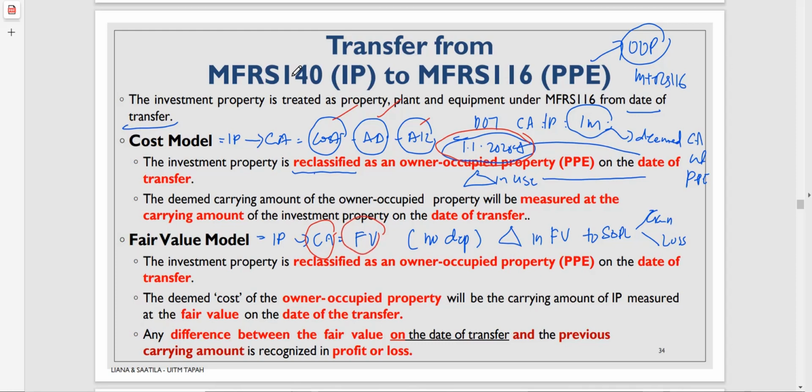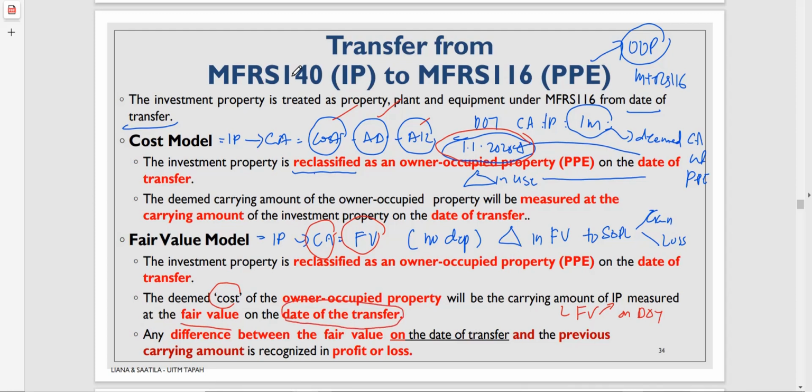What is important is that you need to know the fair value of the IP on the date of transfer, as that would be the carrying amount of the PPE when there is the change in use to an owner occupied property. So the initial cost of the owner occupied property would be the carrying amount of the investment property that was previously measured at fair value. That applies only on the date of transfer.